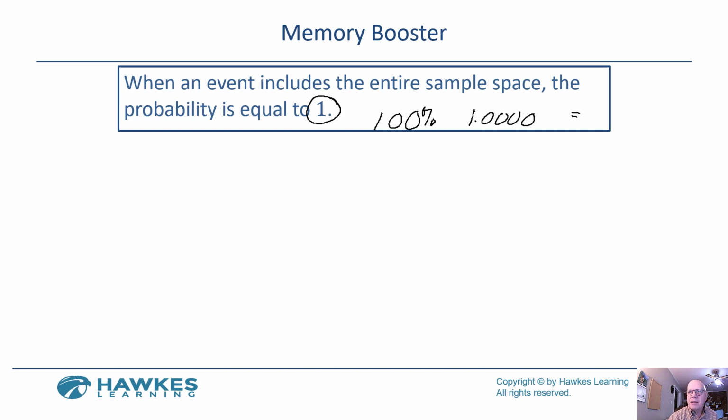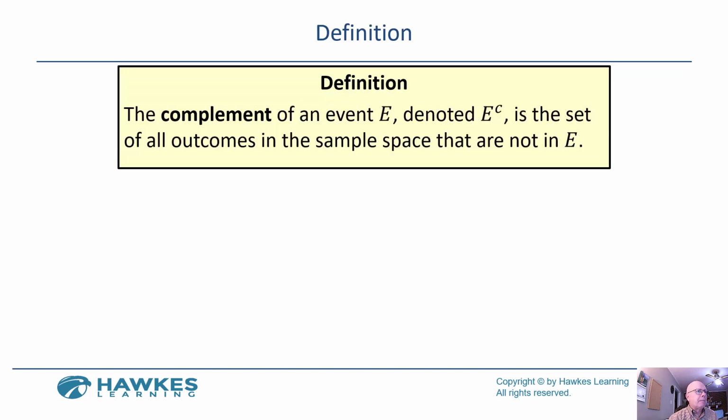Even if you write it as 17,000 over 17,000. If you had 17,000 events in your sample space and you want the probability that one of those 17,000 happens, there would be a probability of 1. And let's move on here.